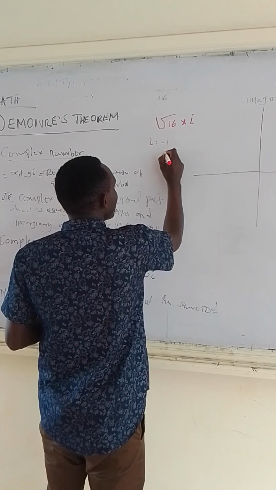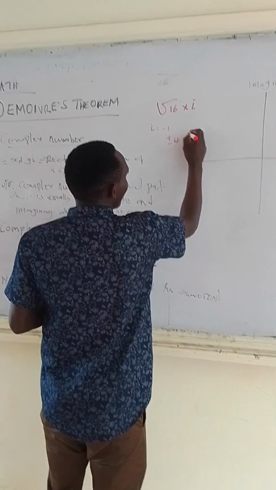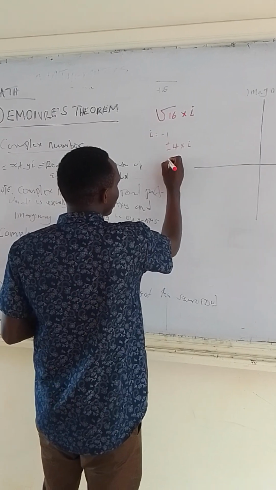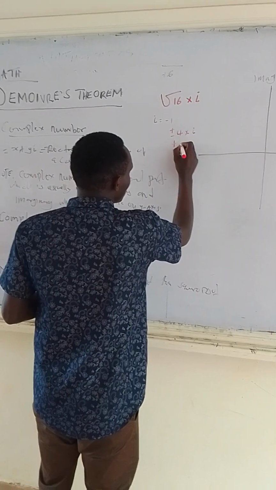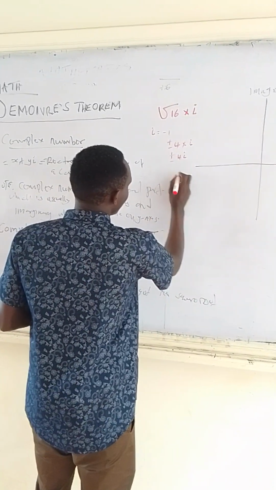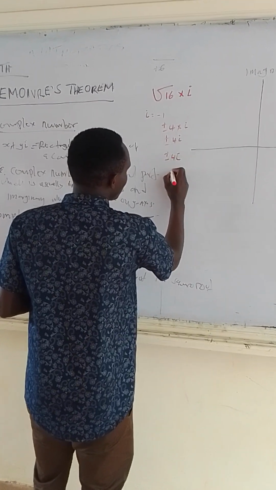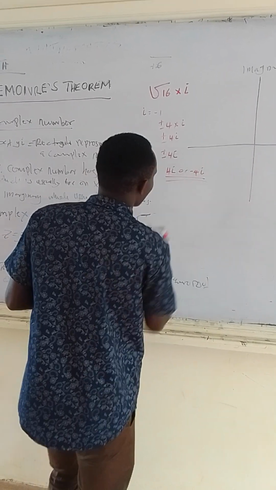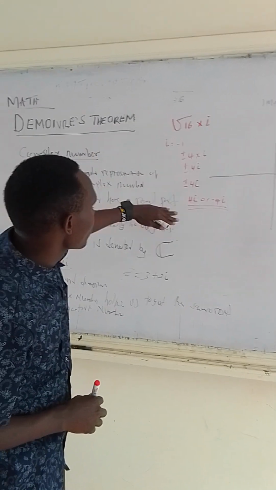The square root of 16 is plus or minus 4, multiplied by i. So we have plus or minus 4i. So complex numbers help us to get the square root of a negative number.